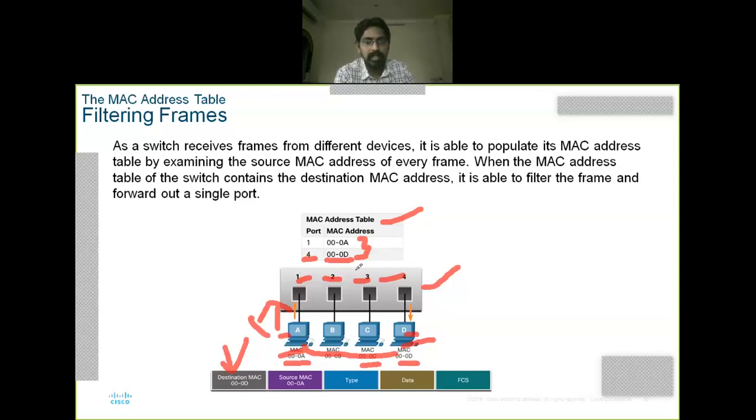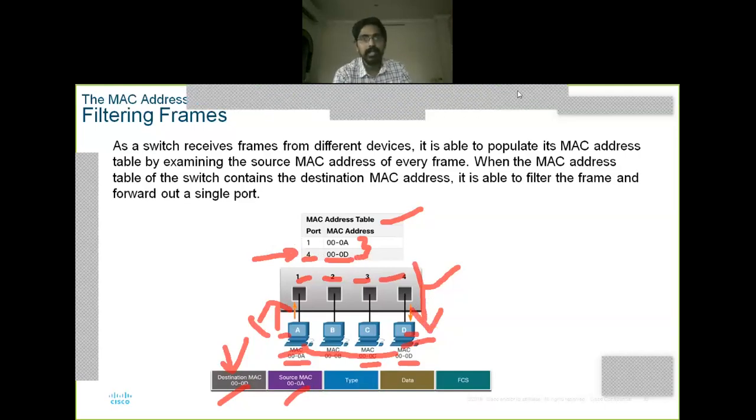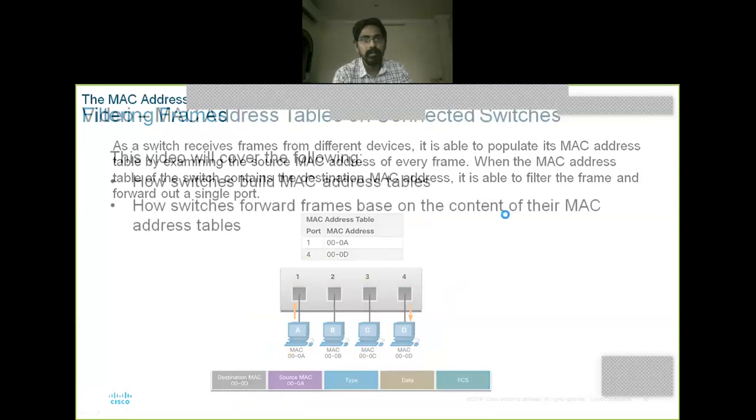Whenever the switch receives the data, it will accept it because it has a source MAC address, and then it will identify the destination MAC address. What is the destination MAC address of the frame? 000D. The switch will check its MAC address table. It identifies that 000D is connected to port number 4, and to this port the switch forwards the data, right? This is the way you can forward the data.